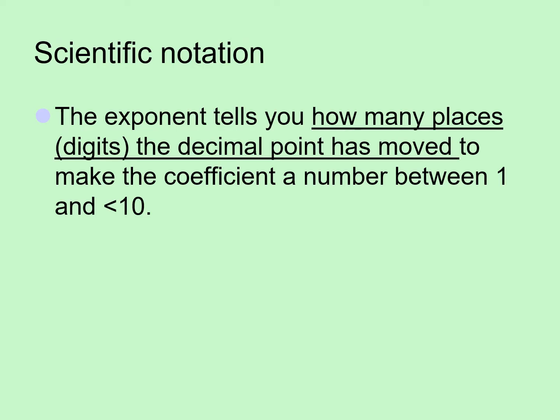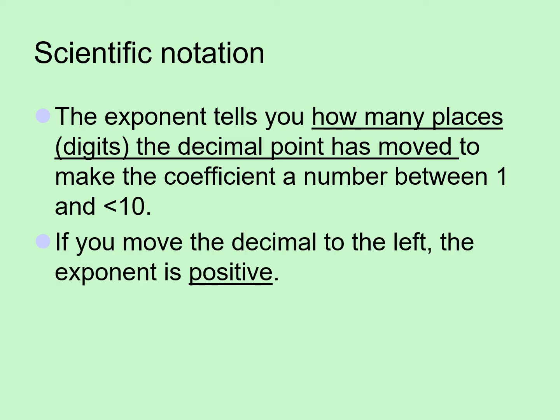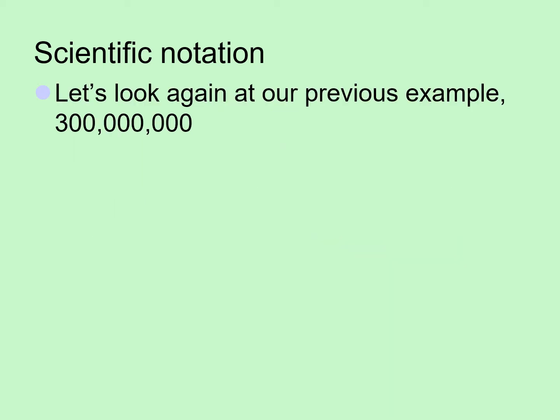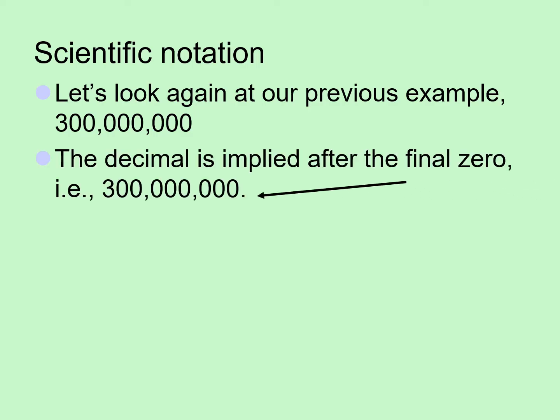So the exponent tells you how many places or how many digits the decimal point has moved in order to make a coefficient have a number between 1 and 10 when we want to write it in scientific notation. If you move the decimal to the left, the exponent is positive. So if the original number is 300 million, there is a decimal implied to be at the end of that number. If we want to make it a coefficient between 1 and 10, we need the number 3 as our coefficient.